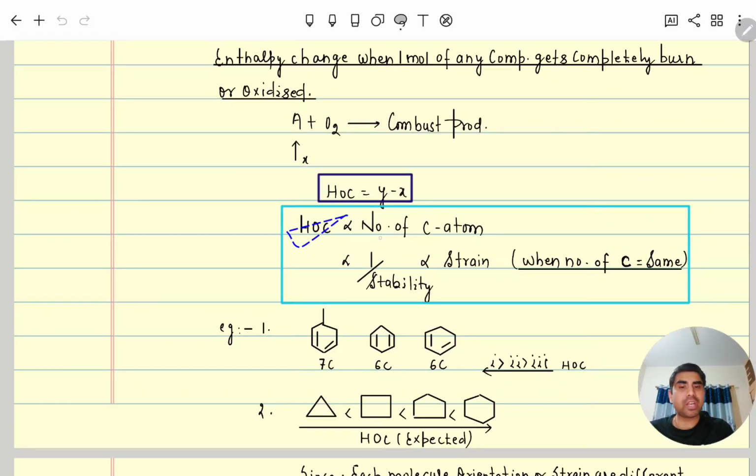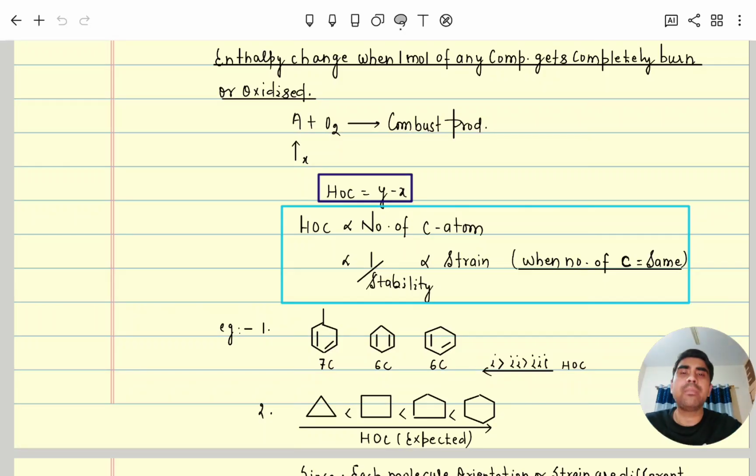Heat of combustion is directly proportional to the number of carbons. The more the number of carbons, the more its heat of combustion, correct? If the number of carbon atoms is the same, then it is inversely proportional to stability, or directly proportional to strain. Those compounds which are less stable will be more reactive, will have more strain, and have more heat of combustion.